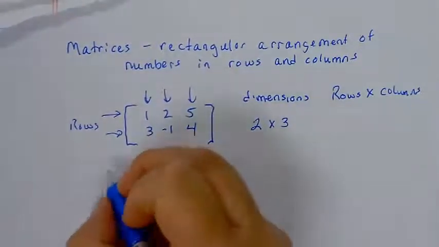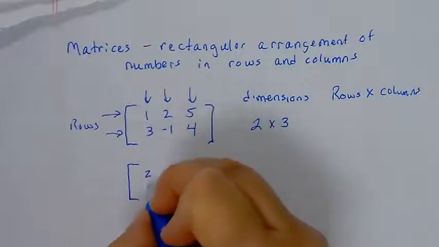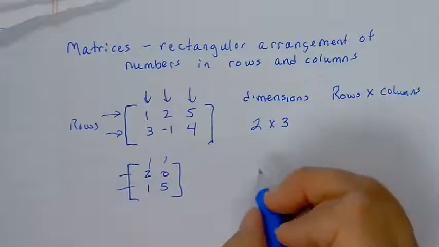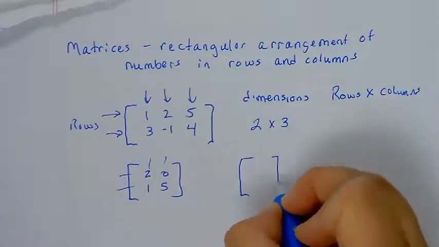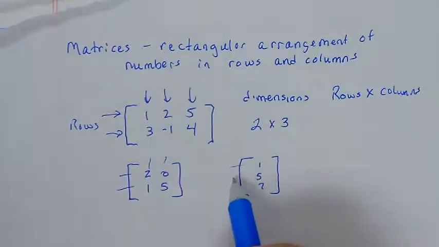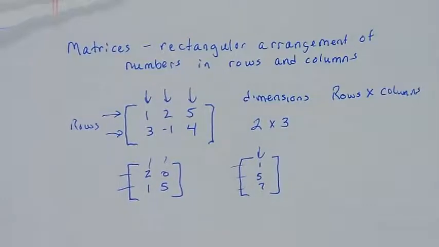A 2 by 2 matrix would look like this: 2 rows, 2 columns. This one would be a 3 by 1 because I have 3 rows and 1 column. Each number inside of a matrix is called an element or an entry.